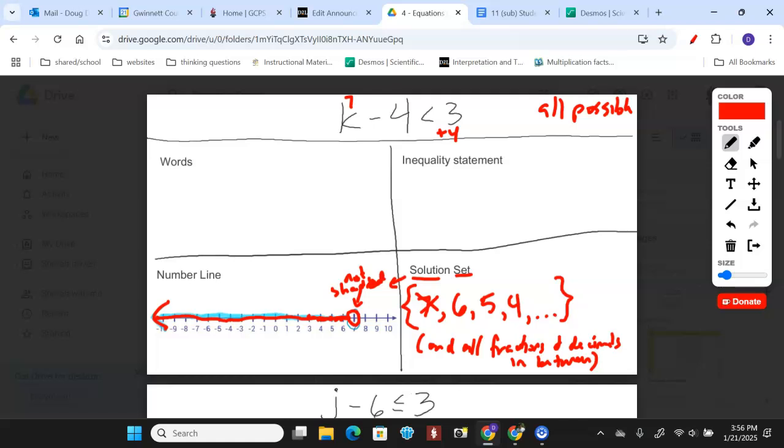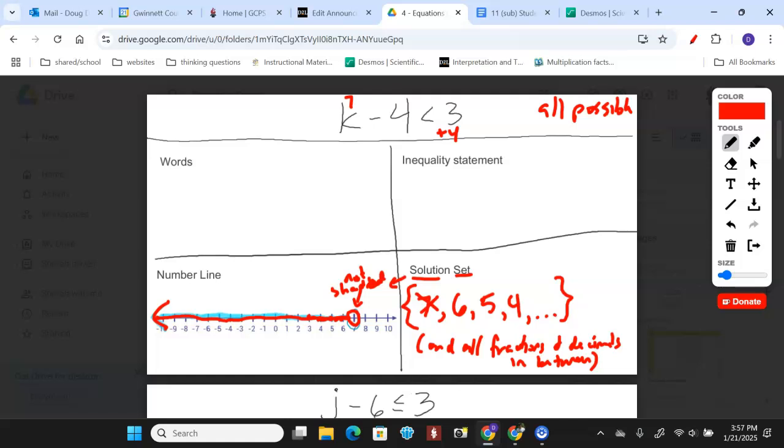Okay, that's two ways we do it. They're very similar. Another way we can do it is with what we call an inequality statement. You'll notice this shows me k can be all the numbers less than 7, but not 7.